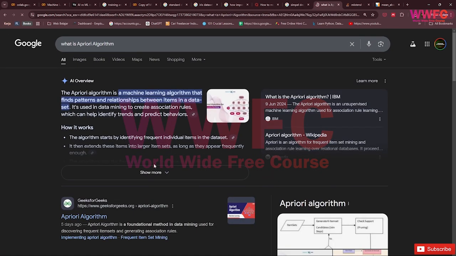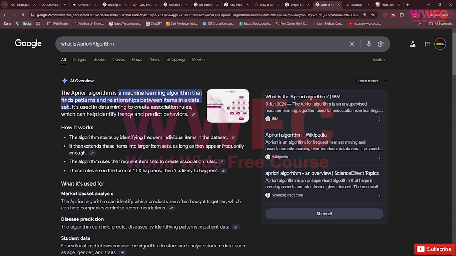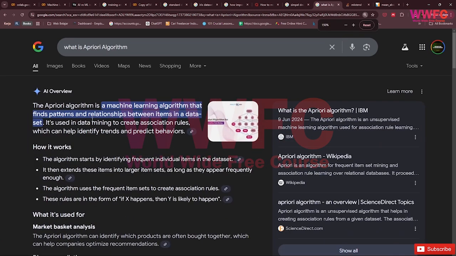The Apriori algorithm is a machine learning algorithm that finds patterns and relationships between items in a data set. It is used in data mining to create association rules, which can help identify trends and predict behaviors.